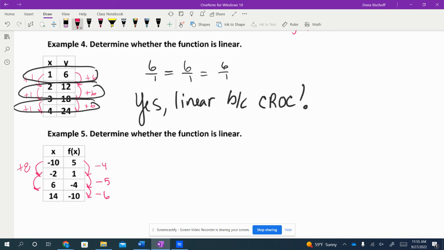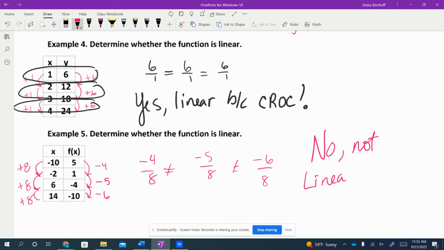Plus 8. Next one. Plus 8. So you can tell negative 4 over 8 does not equal negative 5 over 8, right? So is this one linear? No. Not linear.